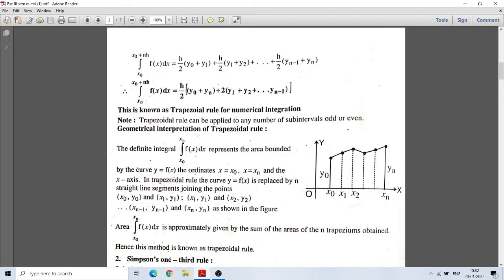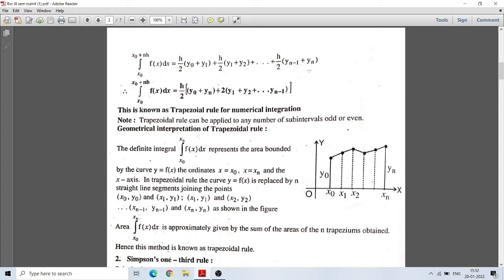Therefore, look here, h is common in each term: h by 2, h by 2, h by 2. Then we can take h by 2 from all the terms. In the remaining terms, y naught is combined with yn. These two terms, y naught plus yn, we write together.